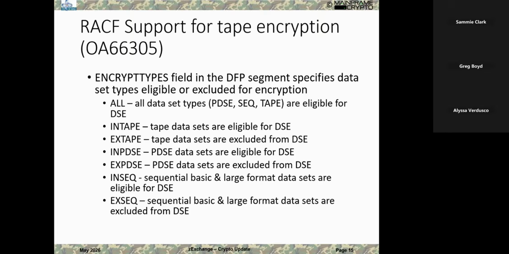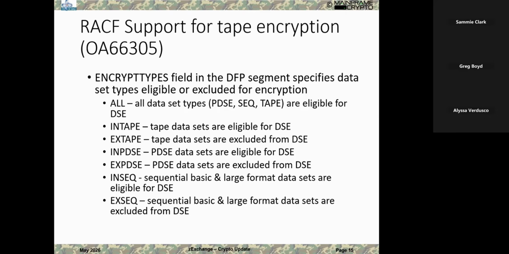If this profile covers a tape data set, I can say INTAPE, which says, yeah, that data set should be encrypted. If I say EXTAPE, it's going to be excluded. It's not going to be encrypted. So this encrypt type field provides some granularity, not just for tape, but for PDSEs and sequential data sets as well.